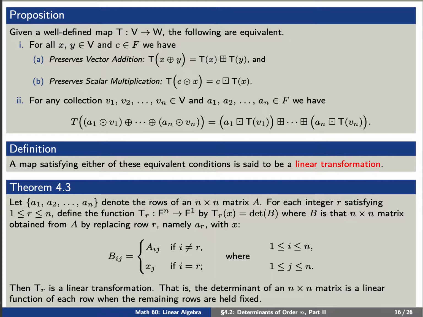We'll start with a vector x from F^n, and we'll return a scalar, the determinant of B, where B is that n by n matrix obtained from A by replacing row r, namely the vector Ar, with our given variable x. The claim is that this Tr is a linear transformation. In the parlance, we'll say that the determinant of an n by n matrix is a linear function of each row when the remaining rows are held fixed.